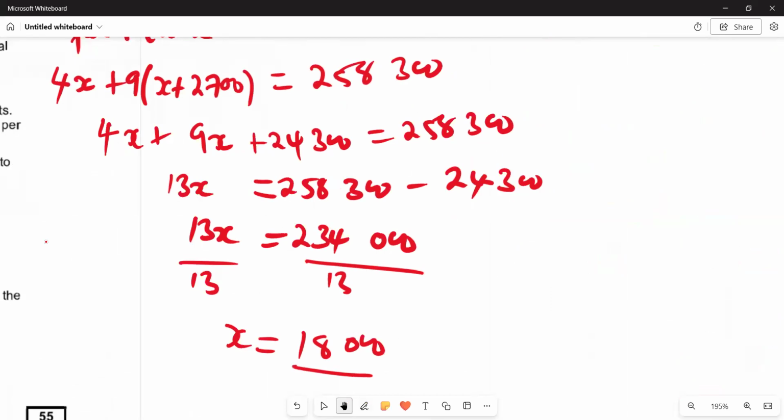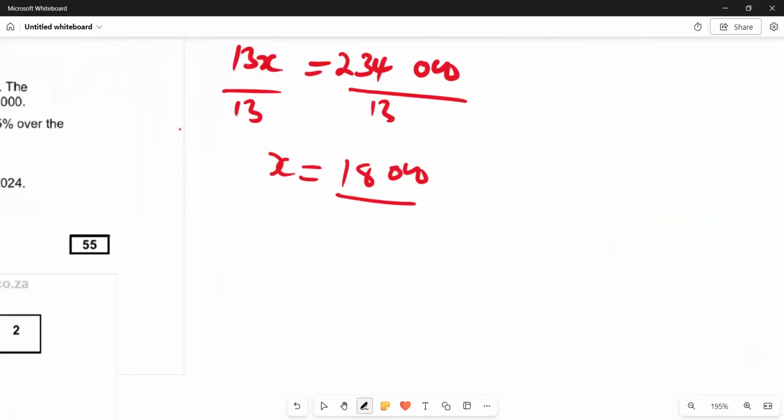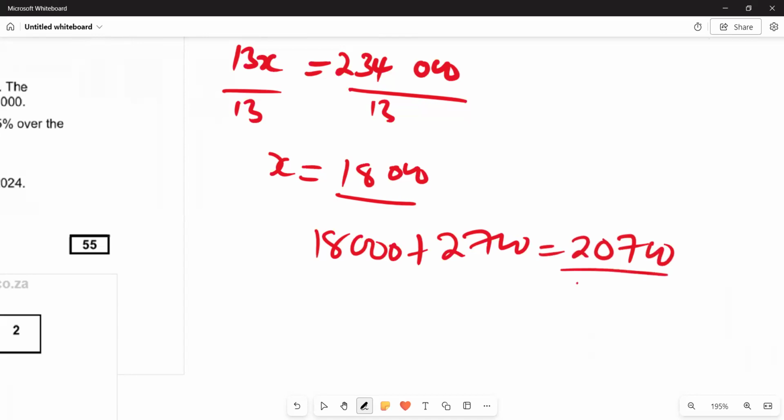So the rent now is 18,000, and then we add the increase that was there, 2,700, and you're going to get your 20,700.